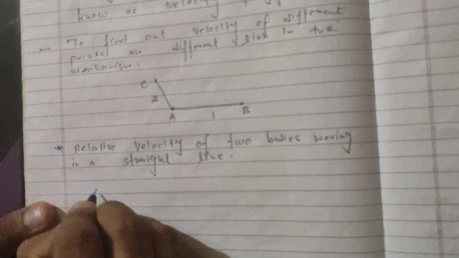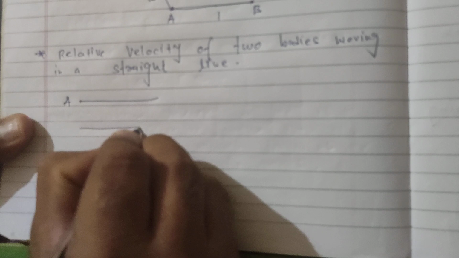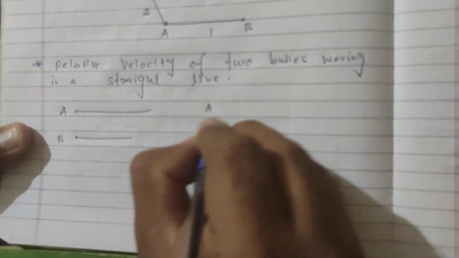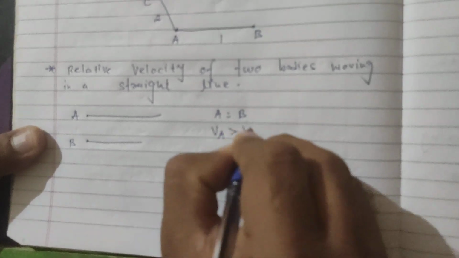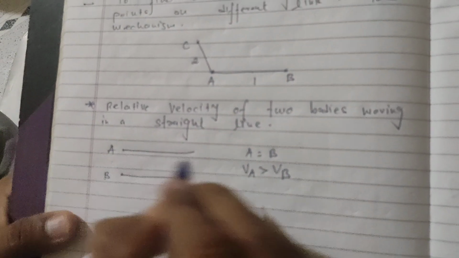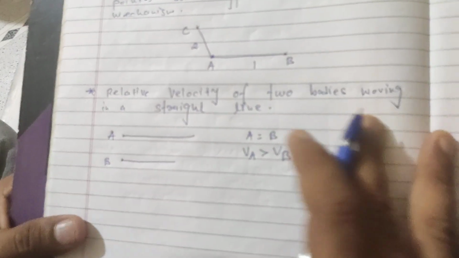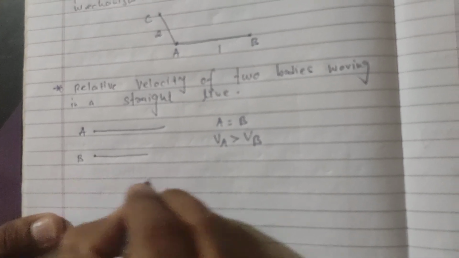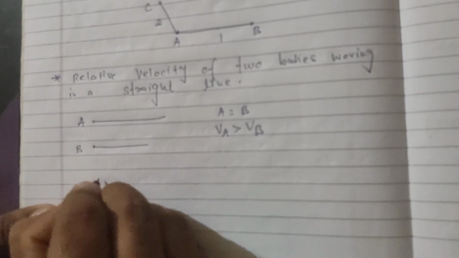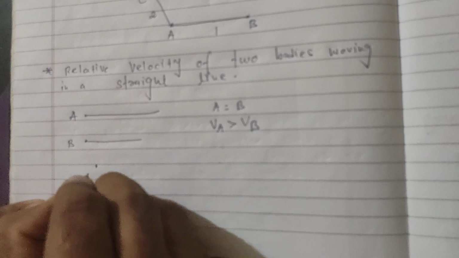Consider this is body A and consider this is body B. From the figure, A and B both move in parallel. So velocity of A is greater than velocity of B. This is given as per the figure. So the relative velocity of A with respect to B may be drawn like this, considering one fixed point O.